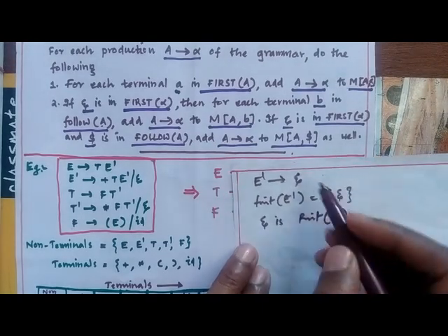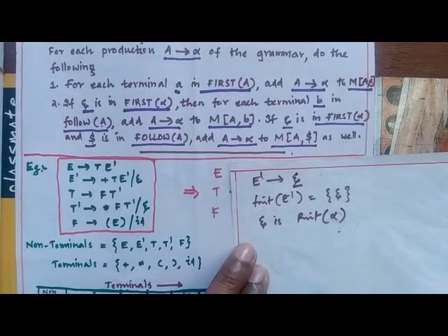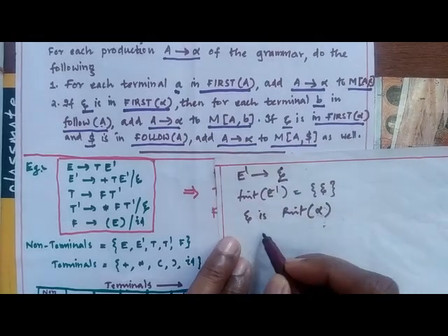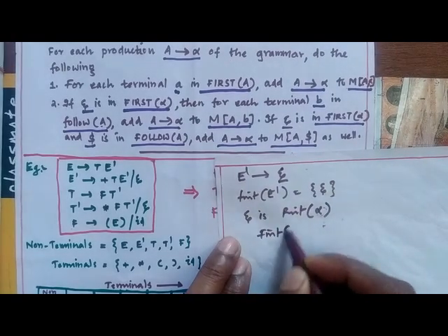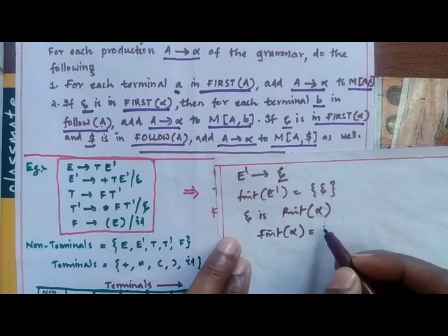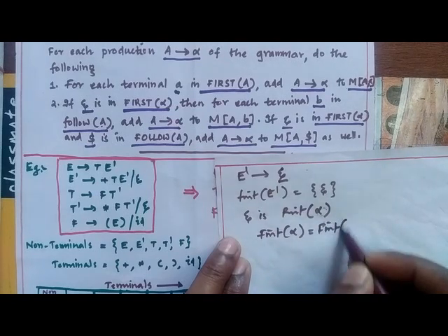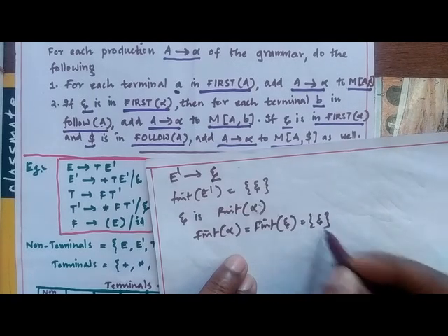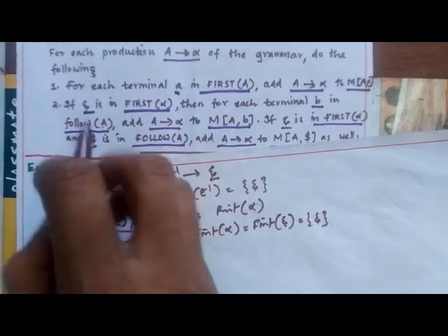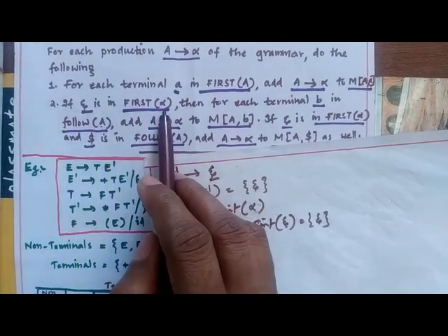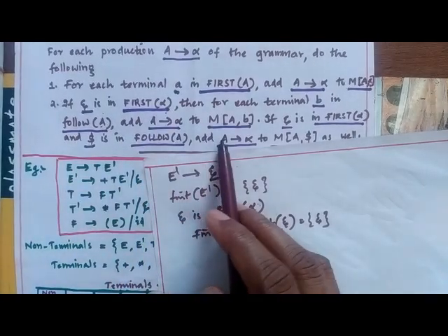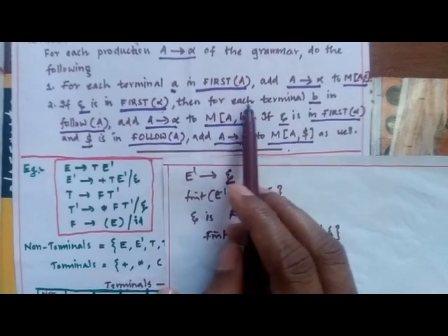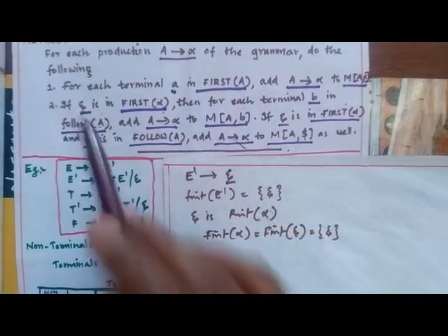Here alpha is epsilon, so first of epsilon is equal to the set containing epsilon. So rule 2 we can apply. Epsilon is present in first of alpha, then for each terminal B in follow of A.